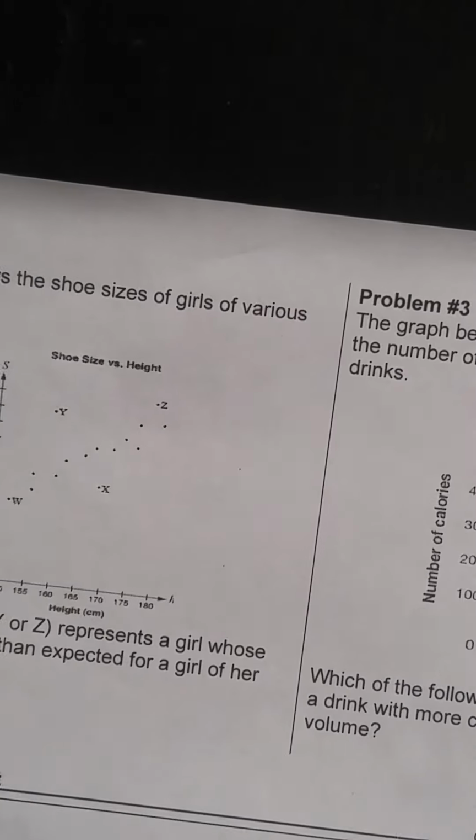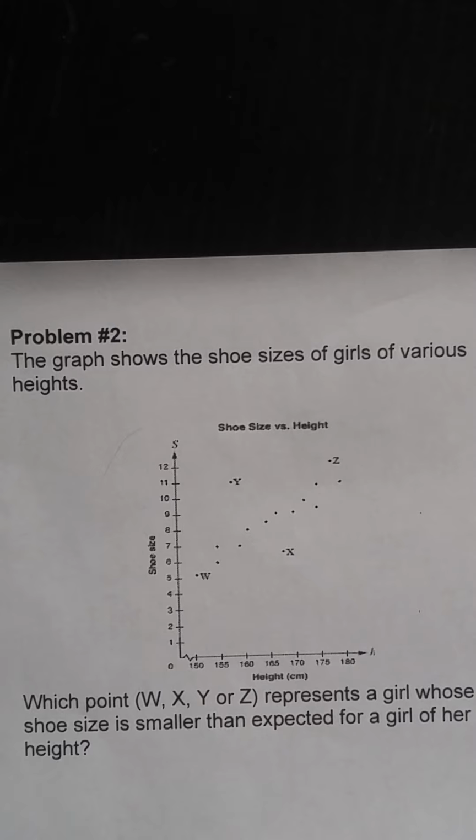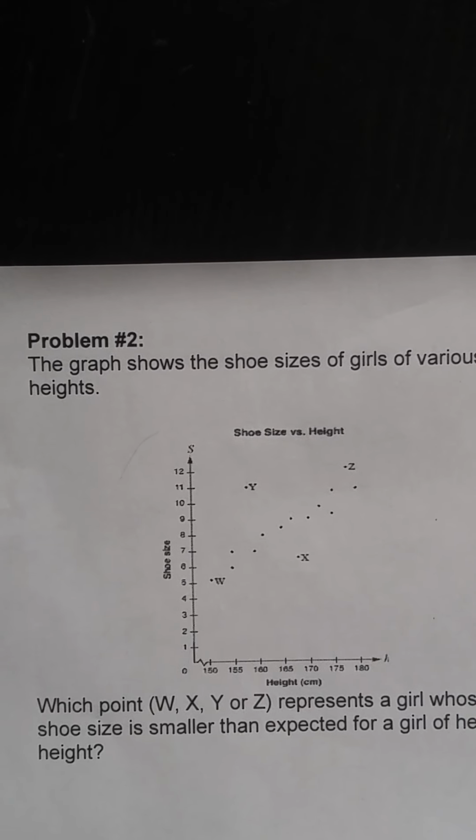Okay, moving to the last question from this lesson, 5.1. Okay, the graph shows, let me zoom in to this one. The graph shows the shoe sizes of girls of various heights.